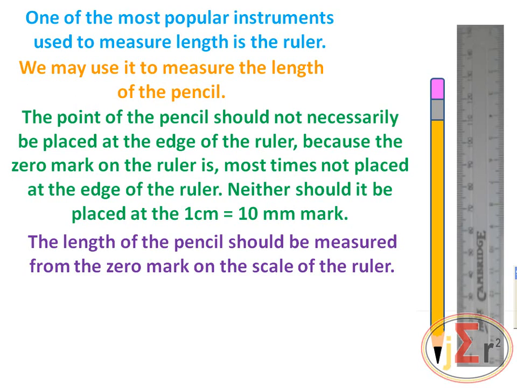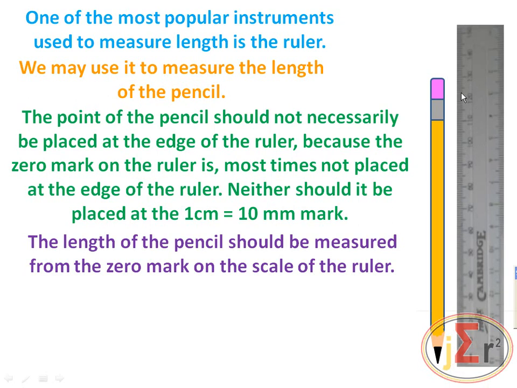The scale is the set of marks and the numbers together that you use to tell the value of the measured quantity. So the scale will be the marks and the numbers that we have here, from which we will read the length of the pencil. So the scale is not necessarily something to be used to find the mass of something in a shop or supermarket.